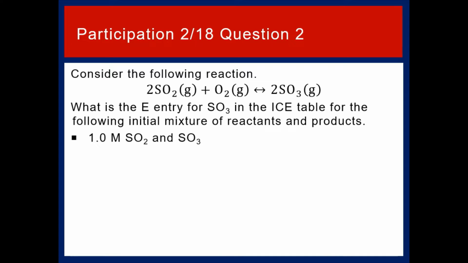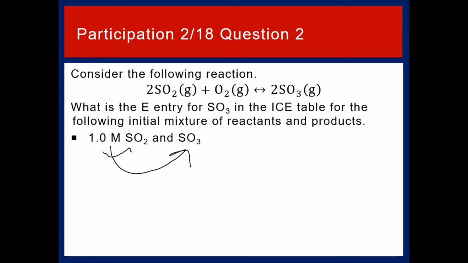Participation 218, Question 2. Consider the following reaction: 2SO2 gas plus O2 gas gives 2SO3 gas. What is the E entry for SO3 in the ice table for the following initial mixture of reactants and products? I have 1.0 molar SO2 and 1.0 molar SO3.